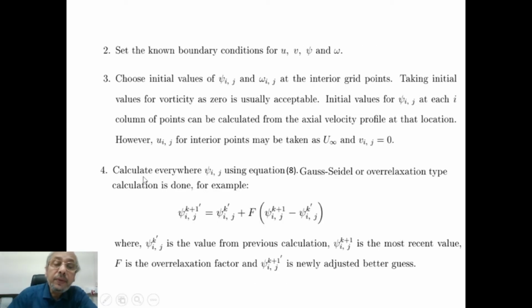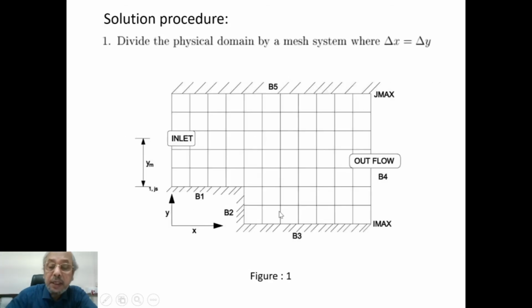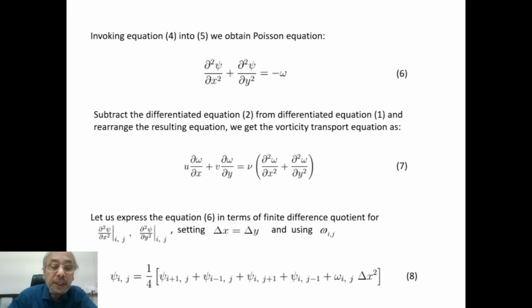So calculate psi ij everywhere using equation 8. Gauss-Seidel or over relaxation type of calculation is done. That means if we start with a value, say psi ij k prime, distributed everywhere, then psi ij k plus 1 we calculate from equation 8.